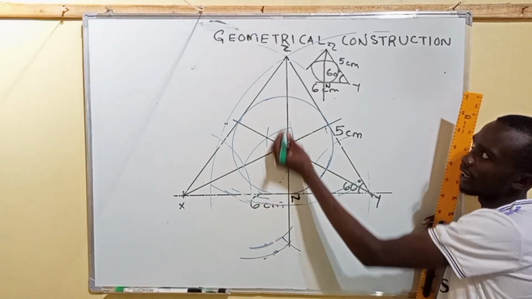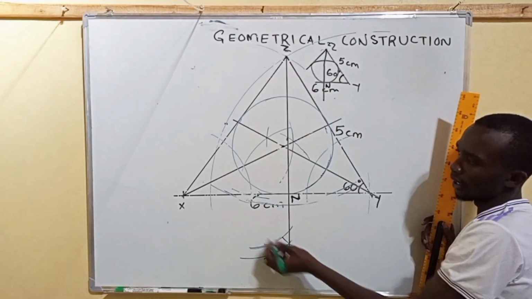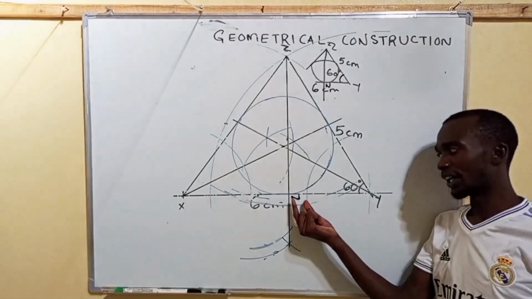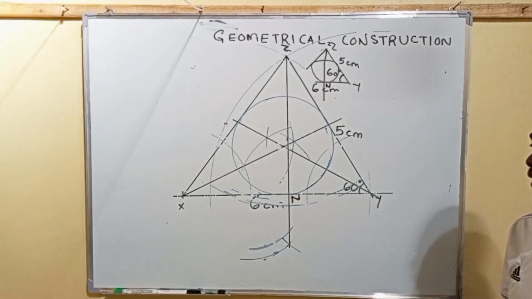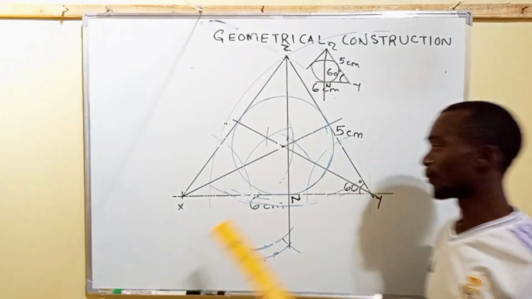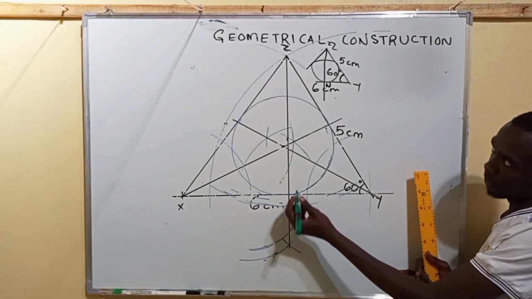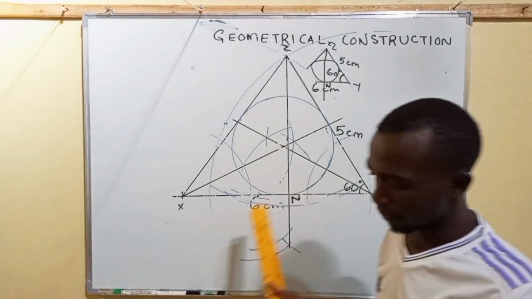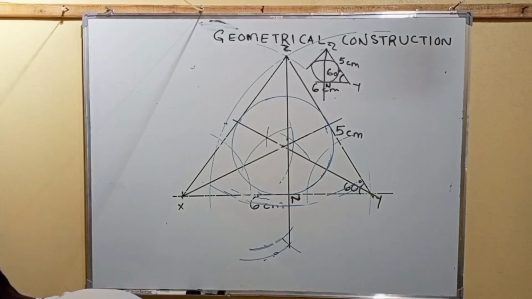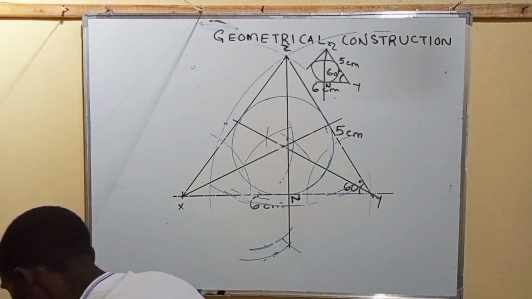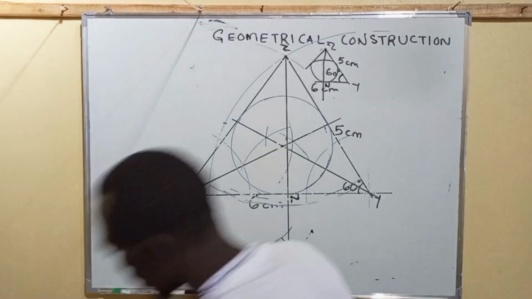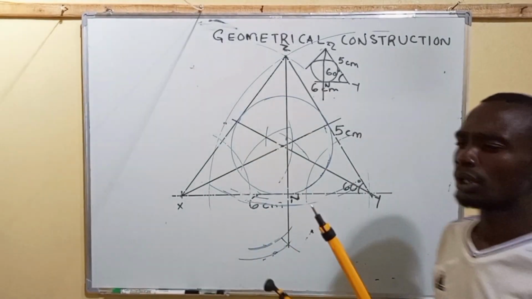The perpendicular from Z and line XY intersect at this point N. Now we are to measure length ZN with the help of the ruler, or we can also use the divider. So for length ZN, we use the divider.